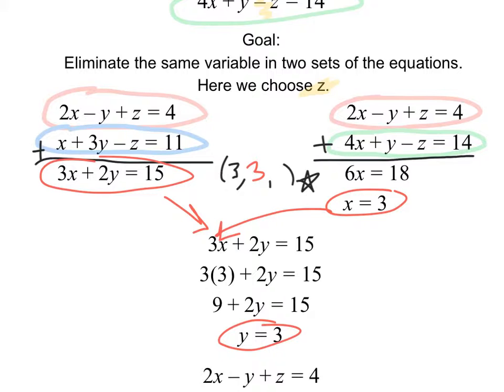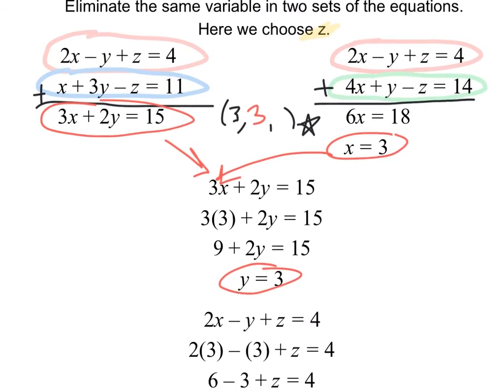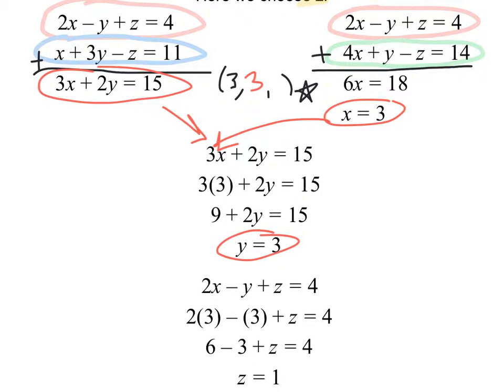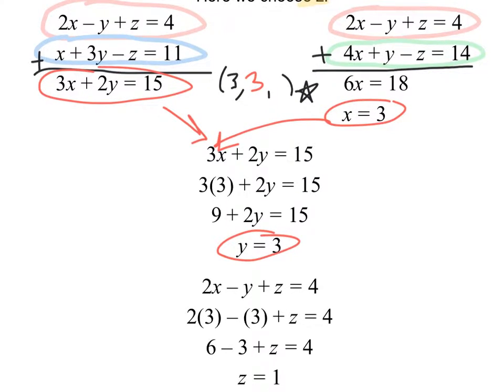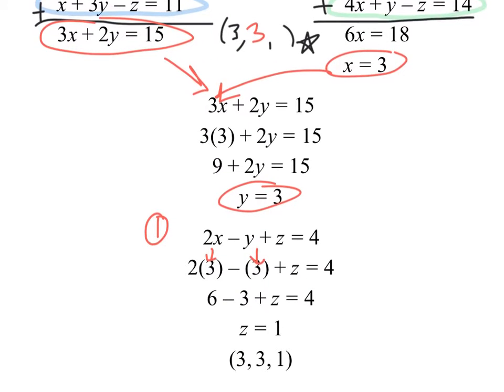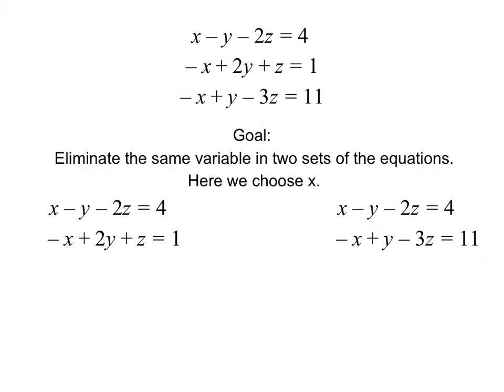So now I have my x's, I have my y's, and so all I can solve for is z. It doesn't matter which equation I use for the next part, but I just chose the first equation, equation number 1. So you just write that down, and this is normal how we substitute to find the last variable. So 3 for x, 3 for y, and solve for z, and get that z equals 1.